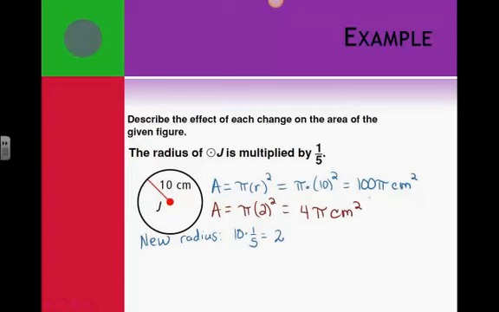So what do we have to multiply our old area by to get to our new area? Our old area times some number would be equal to our new area. We would have to multiply by 1/25, or some of you are saying divide by 25. So our scale factor here is 1/25. Notice the radius was changed by a factor of 1/5, and the area was changed by a factor of 1/25.